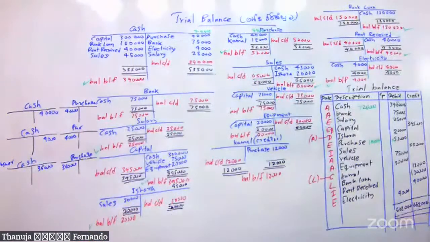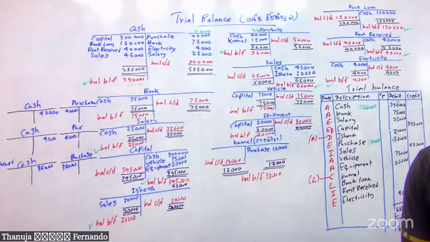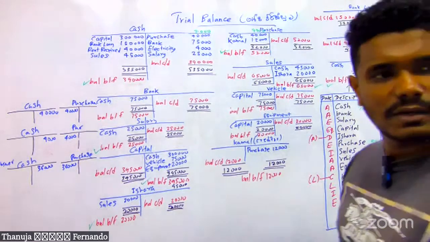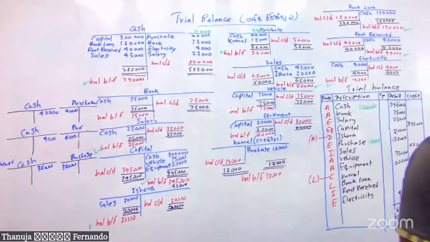Purchase account debit, cash account credit. Understood all of you? තේරෙන්නේ නැත්නම් කියන්න. Right, okay, good.